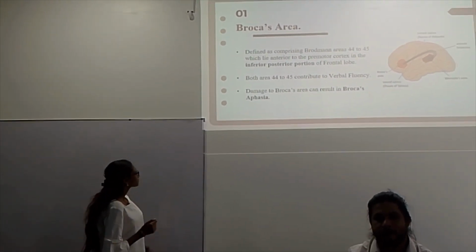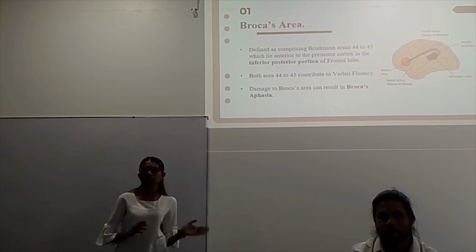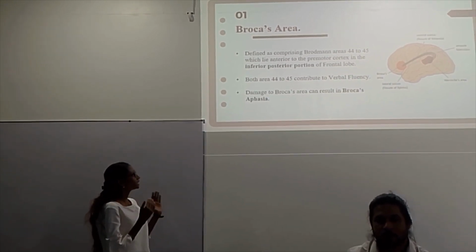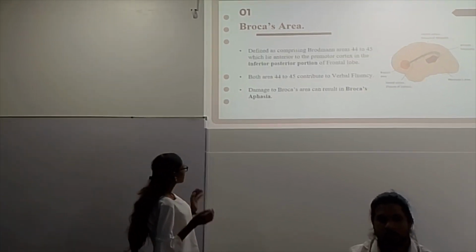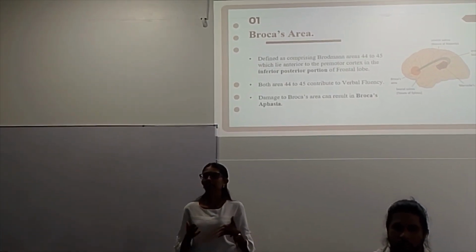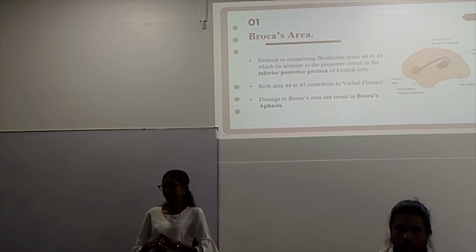Look at the picture: that means areas 44 and 45. These areas contribute to verbal fluency, and damage to Broca's area can lead to Broca's aphasia.